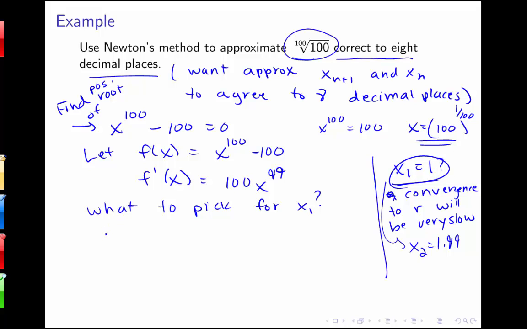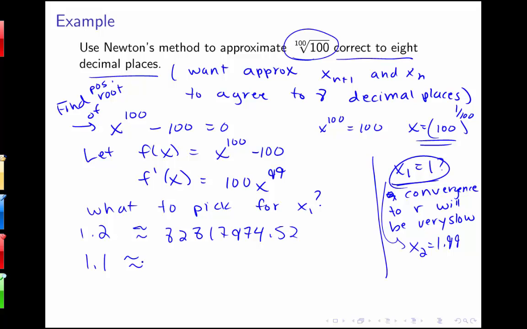So if we start just trying a couple of things on the calculator, we might say that 1.2 to the 100 is approximately 8281797.452. So that's pretty big. What about 1.1?